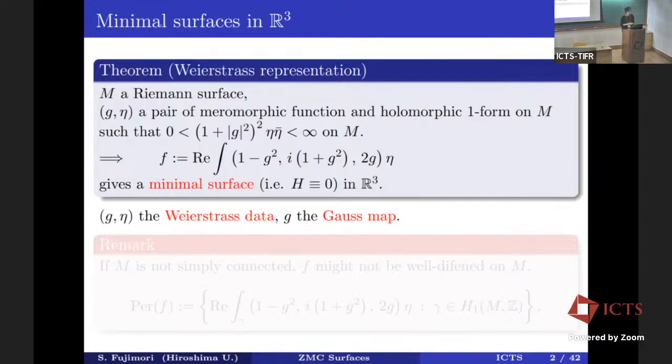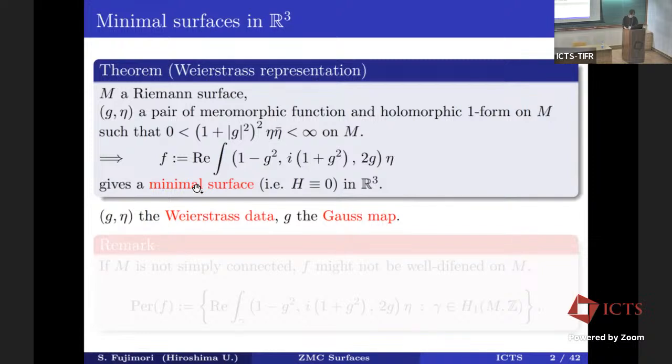In this week, many people already mentioned the Weierstrass representation. But in my talk, again, let M be a Riemann surface, and G and eta a pair of a meromorphic function and a holomorphic one-form, so that this becomes a positive definite Riemannian metric on M. Then define F by the path integral of this C3-valued one-form and take the real part.